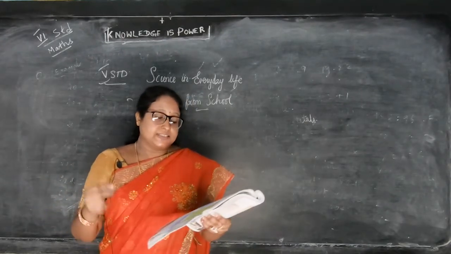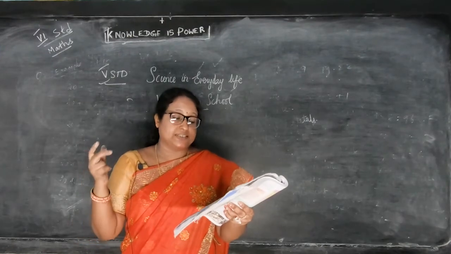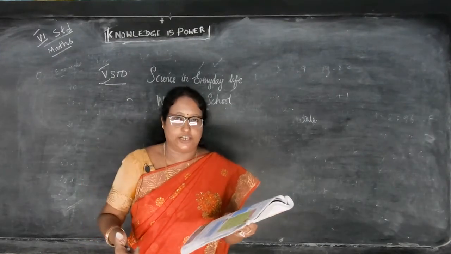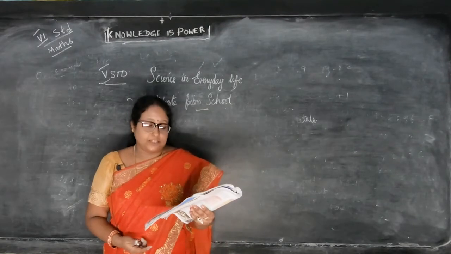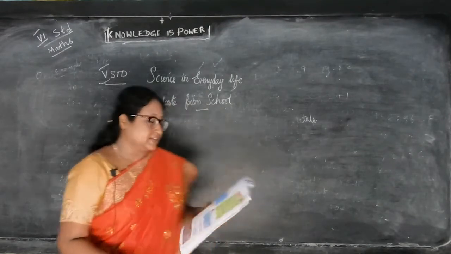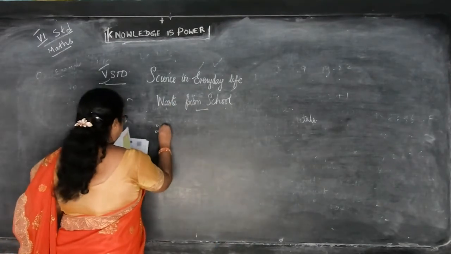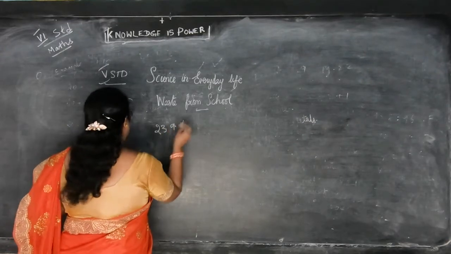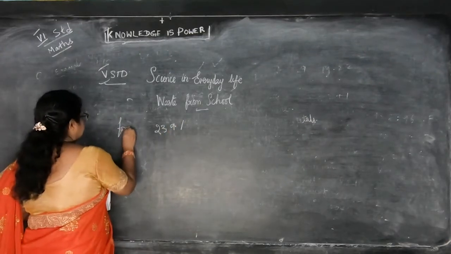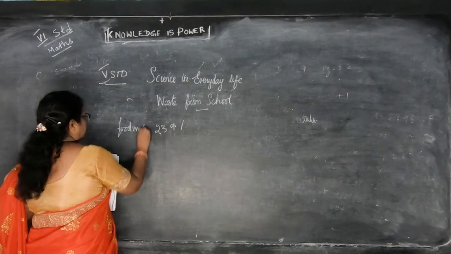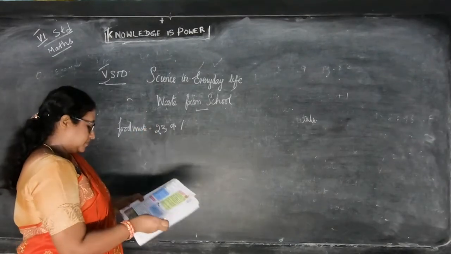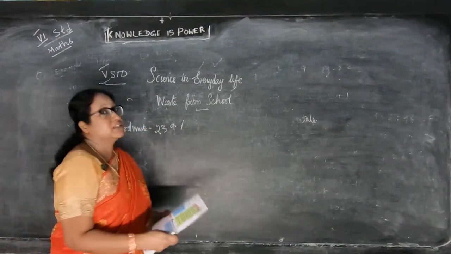So, in the survey conducted, survey means collecting data, it is found that food waste contains 23.9% of the total waste. That is, food waste itself is almost 23.9% of the waste generated in the school.